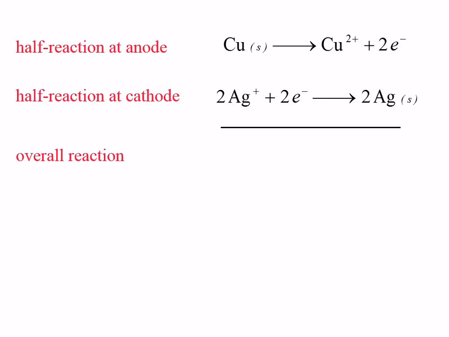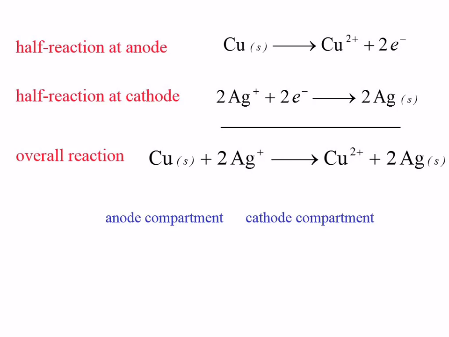So again, just like we did a minute ago in adding our 2 half reactions, those are going to be balanced for both charge and mass. We go ahead and our electrons cancel. We have 1 mole of copper solid reacts with 2 moles of silver ion to form 1 mole of the copper 2+ ion and 2 moles of the silver solid at a 0 oxidation state.